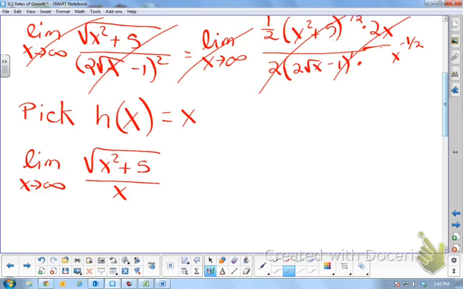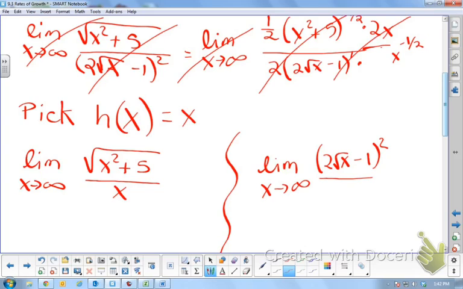And again, I could flip that and put x over square root of x squared plus 5. And I'm going to use g of x as well. We're doing two different limits. It was 2 square root of x minus 1 squared.